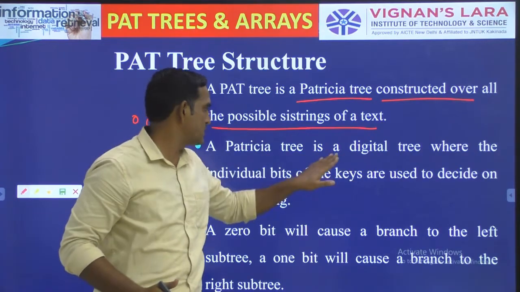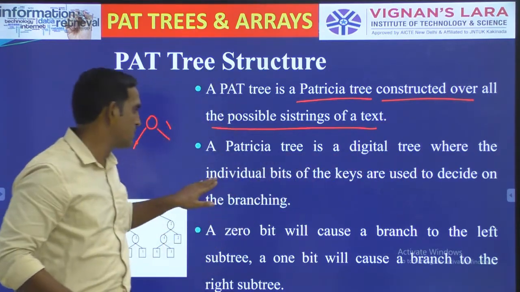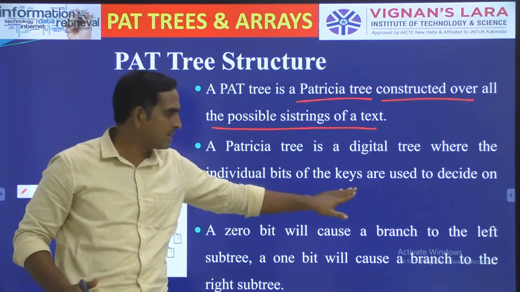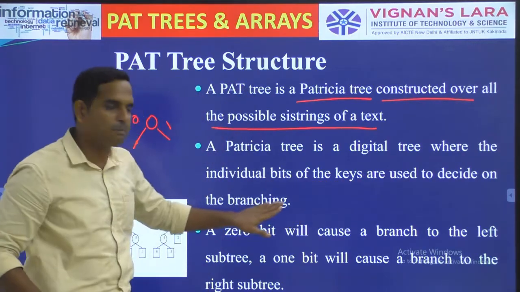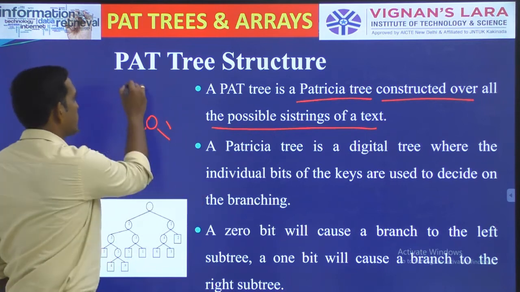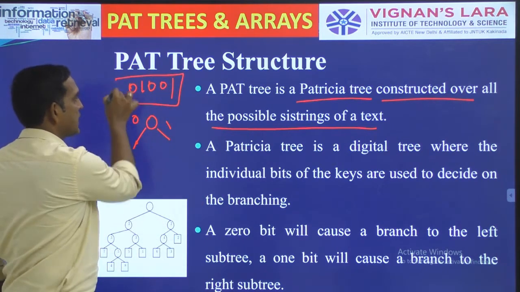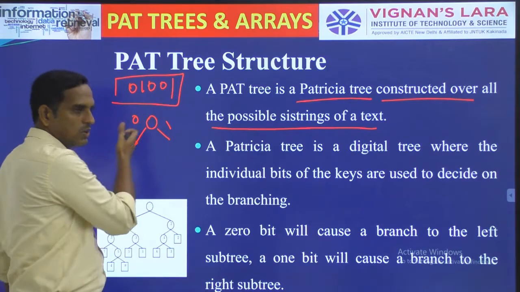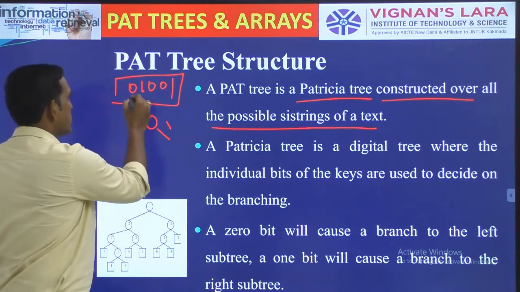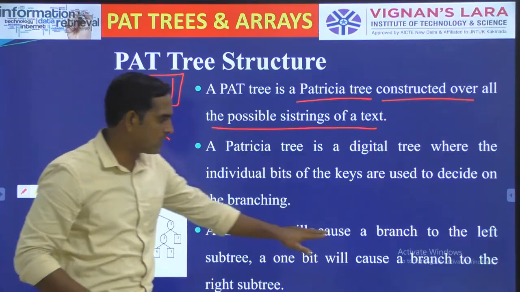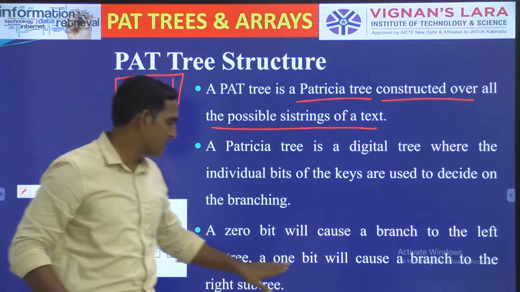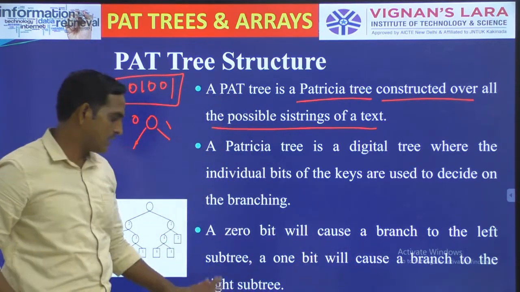For example, if you have 0, 1, 0, 0, 1, this will be your key. Using this key you are going to branch. A 0 bit will cause a branch to the left subtree, and a 1 bit will branch to the right subtree.